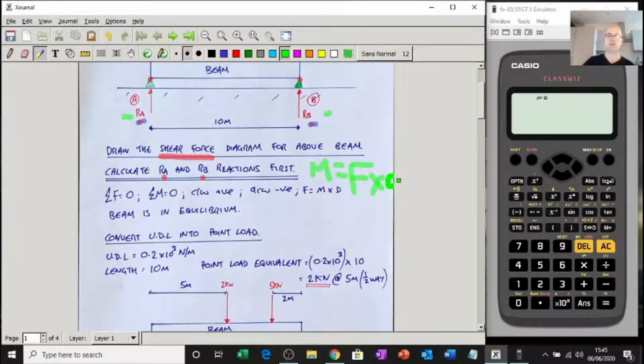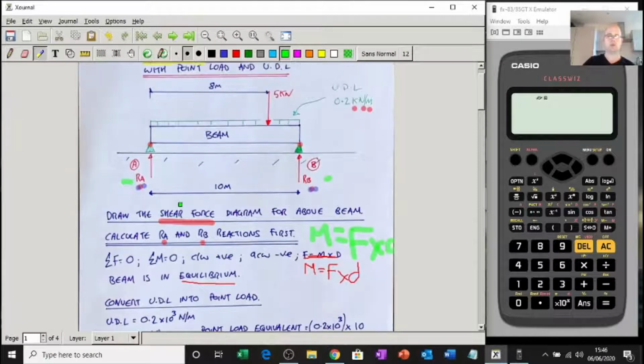Always check what you write, because you never know. Moment is force times distance, and the beam is in balance. So it's not going to go through the floor, it's not going up or down. It's in balance.